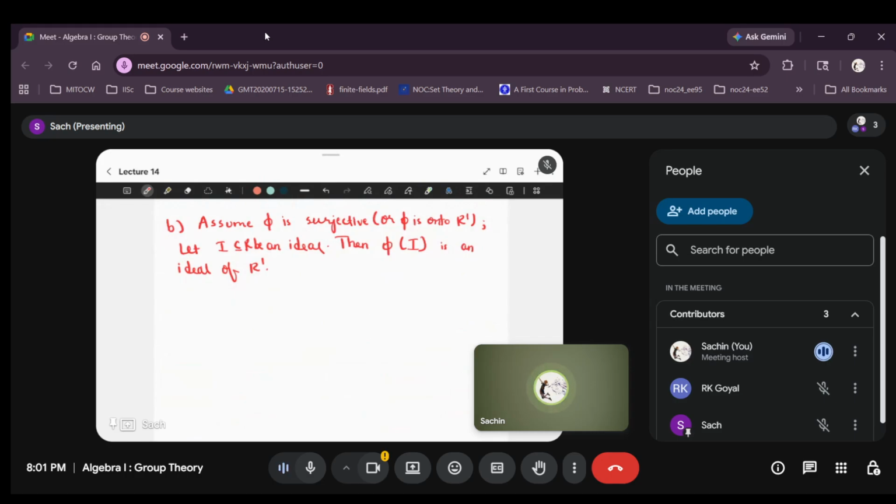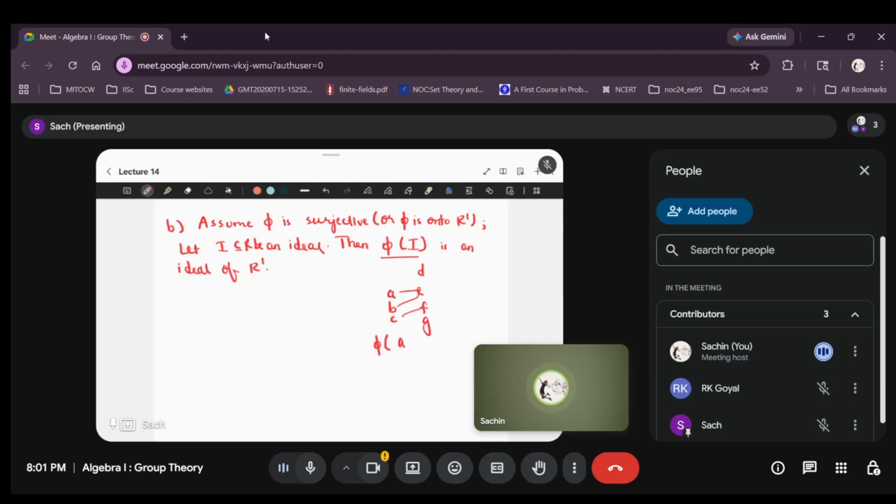So phi of I is the set of all elements that the elements of I are mapped onto. That is, A, B, C, D, E, F, G, we had like this.